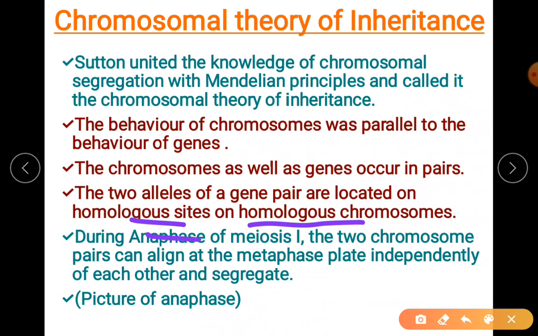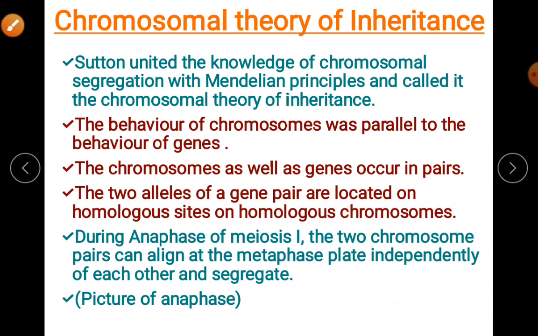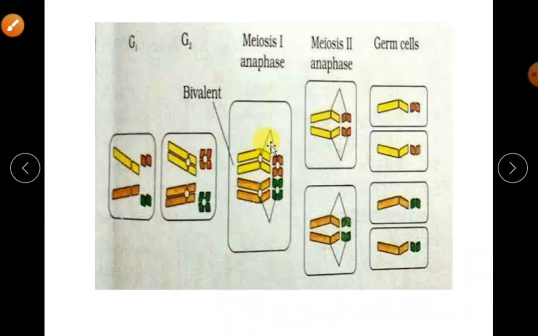So the 2 chromosomes, the homologous chromosomes, will first align at the metaphase plate independently and then segregate. Okay, so when I say independently, you have to follow the textbook diagram. You can see how it is duplicated here. Then there is your metaphase stage, meiosis 1 anaphase, where the separation takes place.